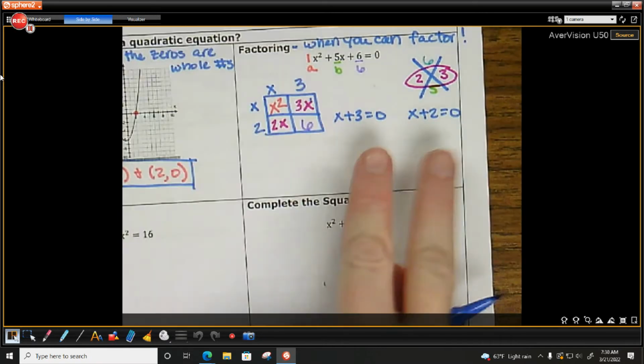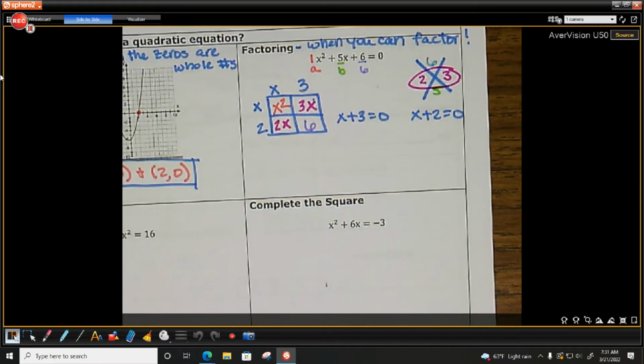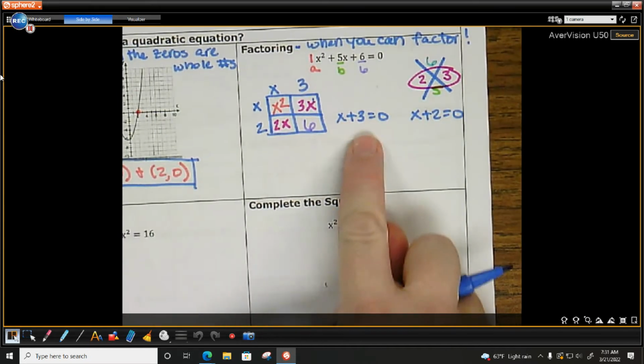The reason I'm making them pluses is because the 3 and the 2 are both positive. What do we do next? My goal when solving is to find the values of x, so now I should probably solve for x. What do I do here to solve for x?